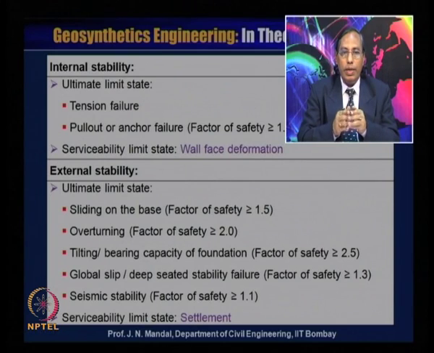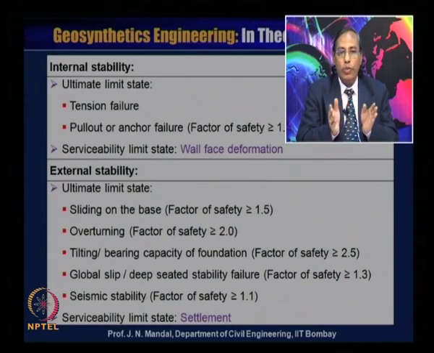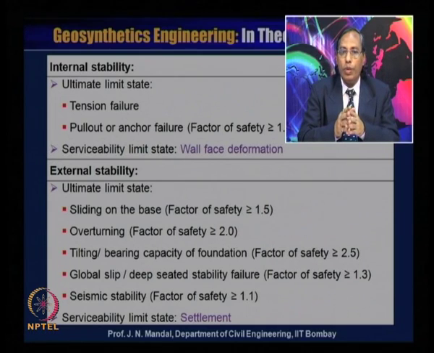For external stability, what is the ultimate limit state? This geotextile reinforced soil wall may fail due to sliding at the base; the factor of safety against sliding should be greater than or equal to 1.5. Or it may fail due to overturning, and you have to check the factor of safety against overturning, which should be greater than or equal to 2.0. It may also fail due to tilting or bearing capacity of the foundation soil; the factor of safety should be greater than or equal to 2.5.